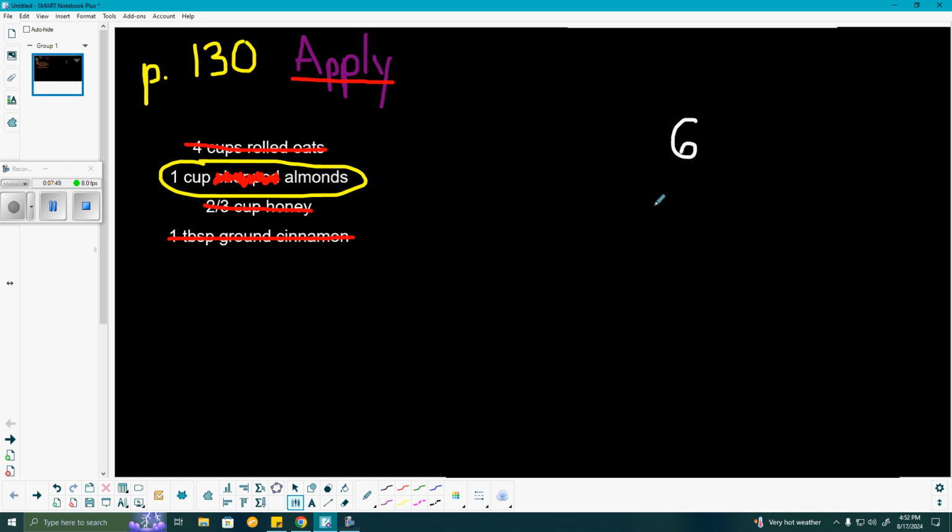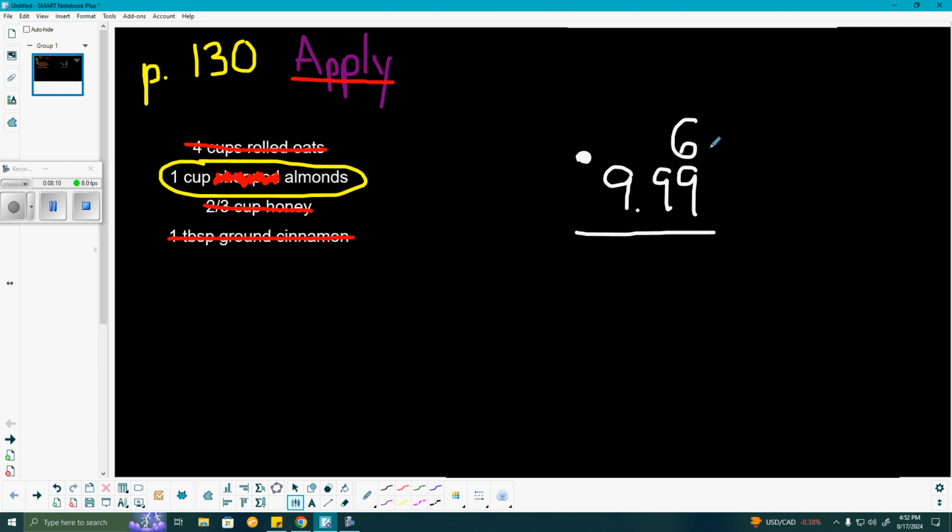Now we're to the fun part. We know that we're going to have to buy 6 pounds of almonds. Each pound of almonds is $9.99. Remember to use the dot for multiplication.